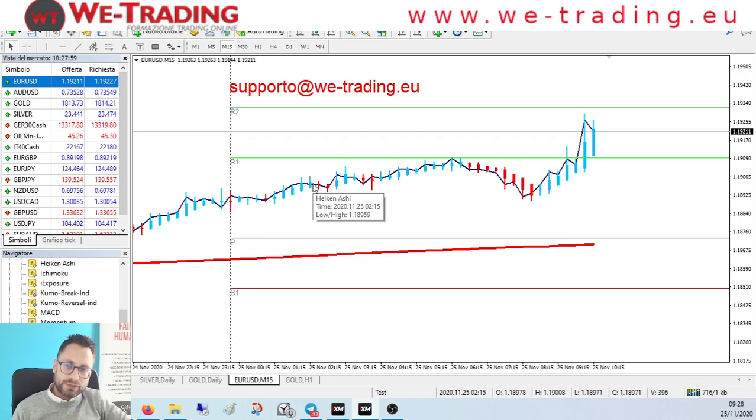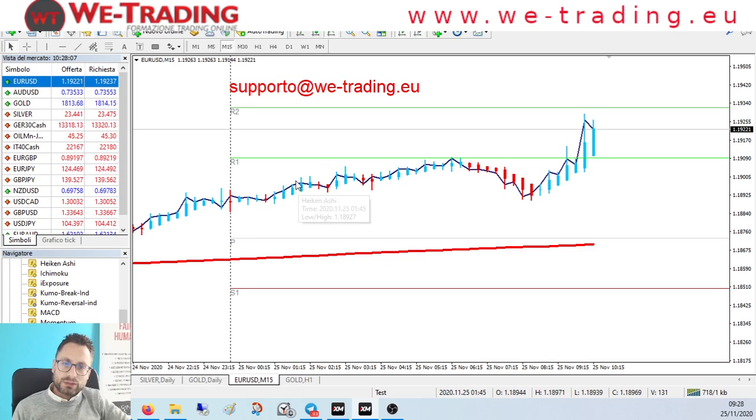So the first thing to think about in this strategy is to enter with a buy stop on the top or a sell stop on the low, and we need to exclude inside bars.